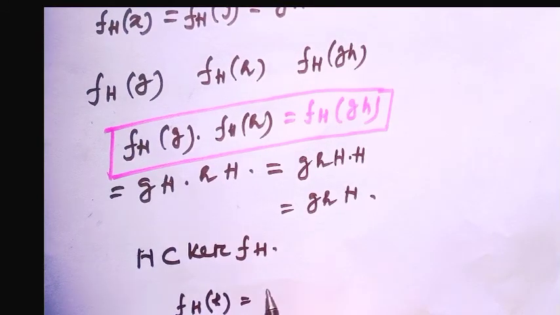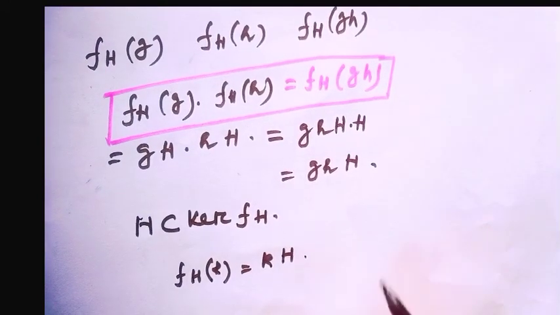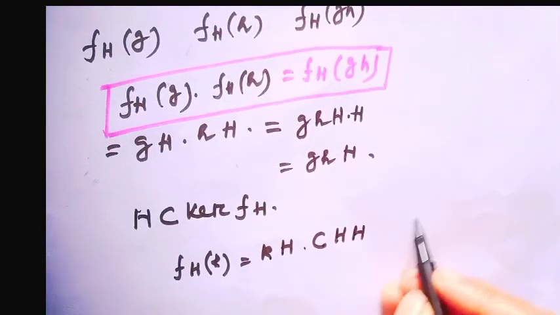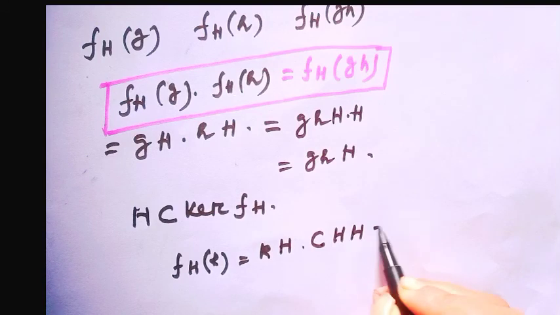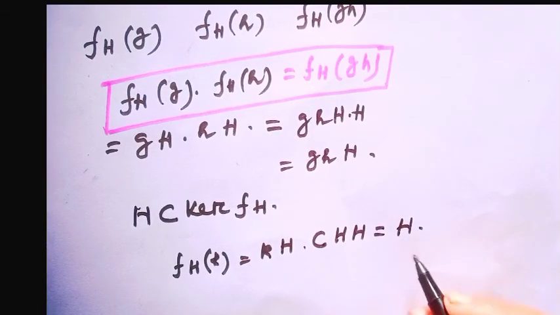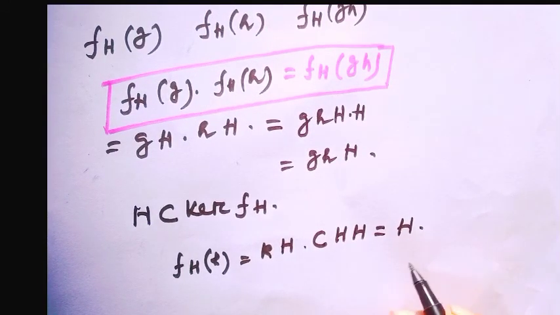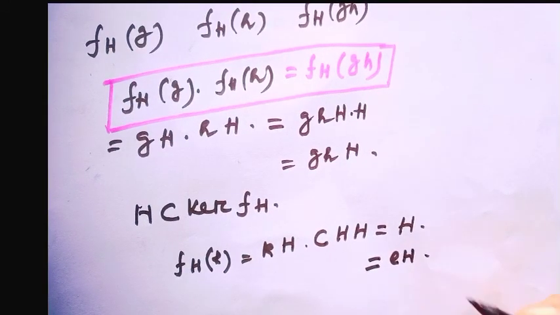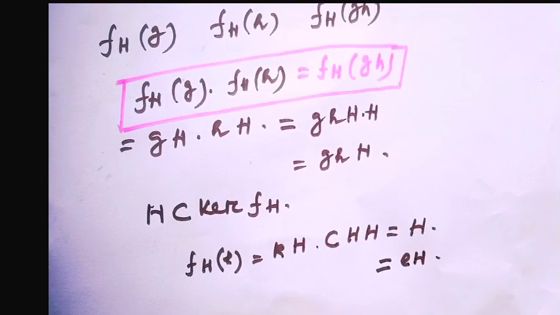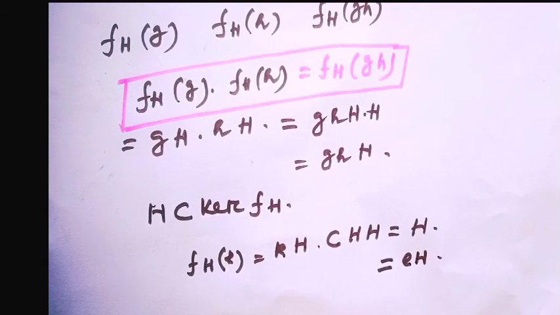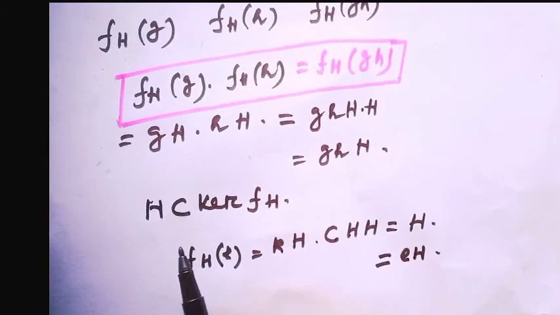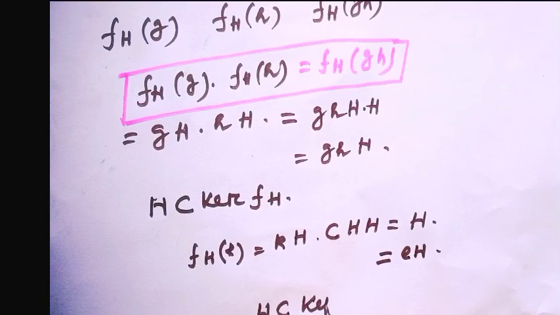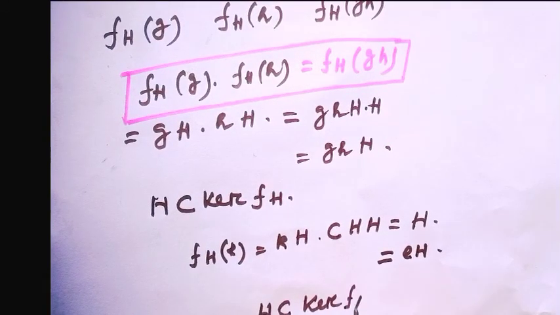By definition, this is equal to kH, which is contained in H times H, and by the closure property, this is the same as H. That means this is also the same as identity times H, and this is the identity element of the factor group. So H is contained in the kernel of f.